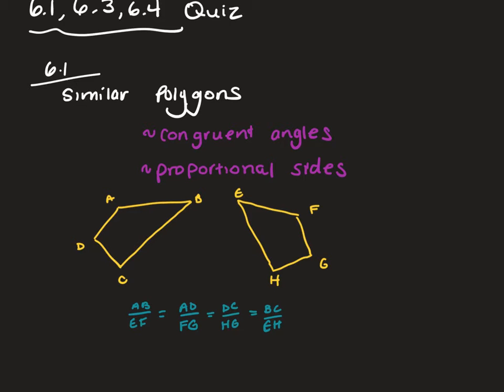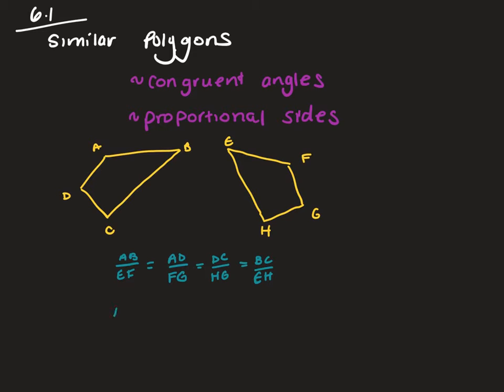If it wanted a similarity statement, then I would say that ABCD is similar to FEHG. And then the congruent angles would be angle A congruent to angle F, angle B congruent to angle E, angle C congruent to angle H, and angle D congruent to angle G. That's a similarity statement.